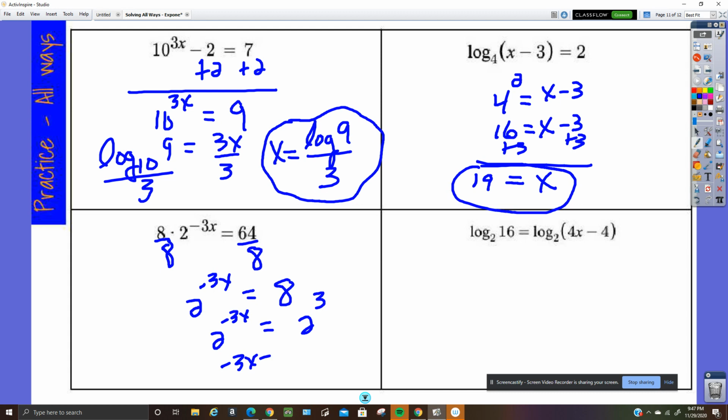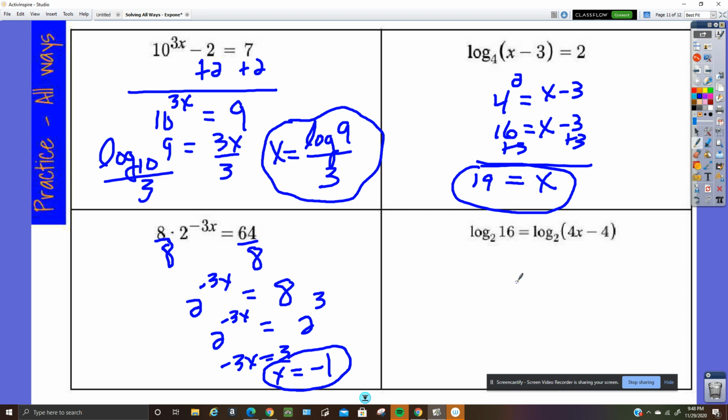So negative 3x equal 3, and x is negative 1 then. So once again, you don't need a calculator for that one. It comes out to be a number answer, an exact answer. This is an exact answer, but if you put it on a calculator, you get a decimal approximation.